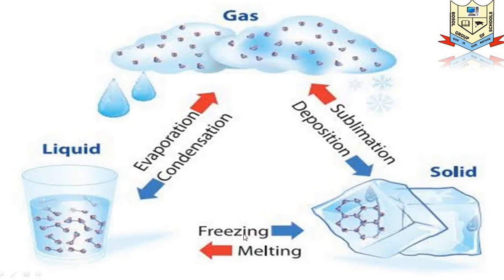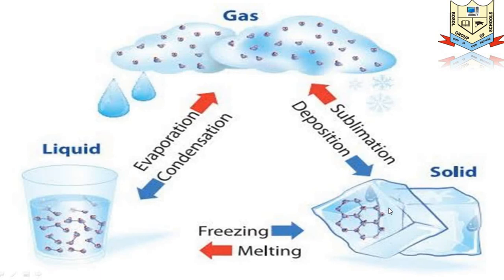The particles have been frozen together. But if that same ice is left for a while under the effect of heat, under the effect of change in temperature, it turns back to what? Turns back to liquid.